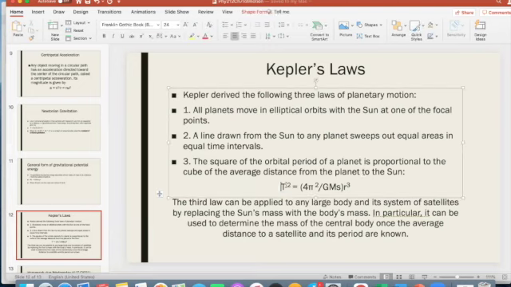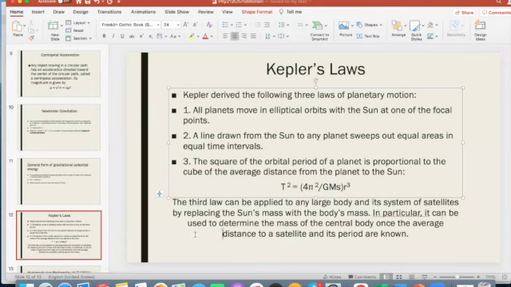Here, T is the period, which is in seconds. The period squared is equal to 4 pi squared divided by the universal gravitational constant times the mass of the large body, whether that's a planet or a sun, times the average distance from the planet cubed.